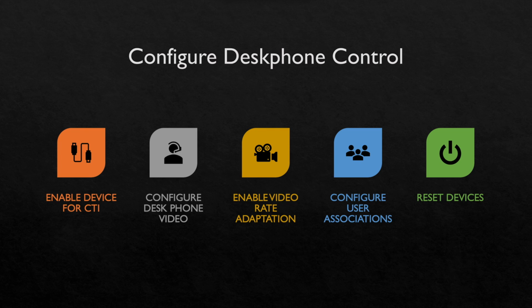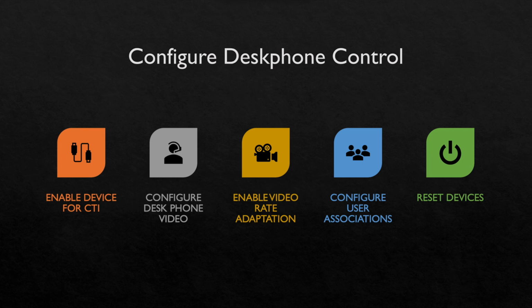The client uses video rate adaptation to negotiate optimum video quality. Video rate adaptation dynamically increases or decreases video quality based on network conditions. To use video rate adaptation, you must enable Real-time Transport Control Protocol on the Cisco Unified Communications Manager.